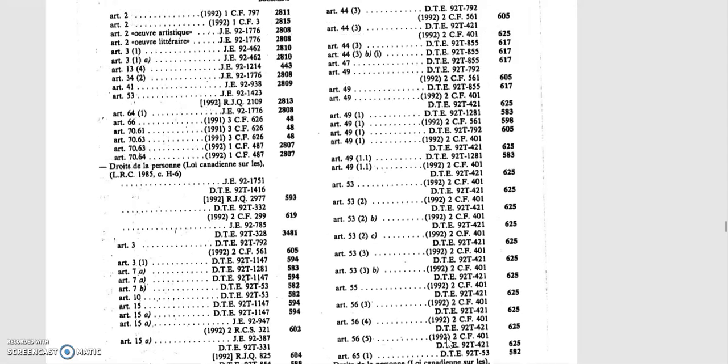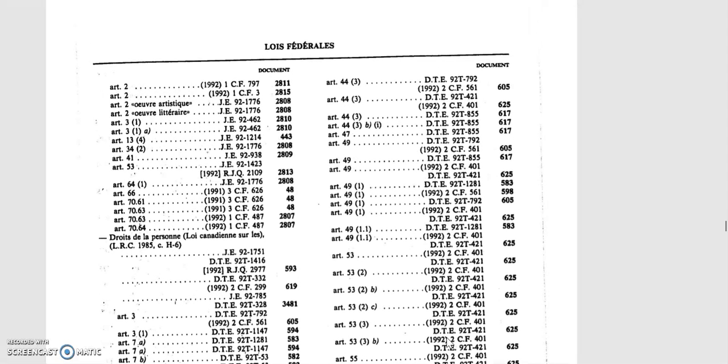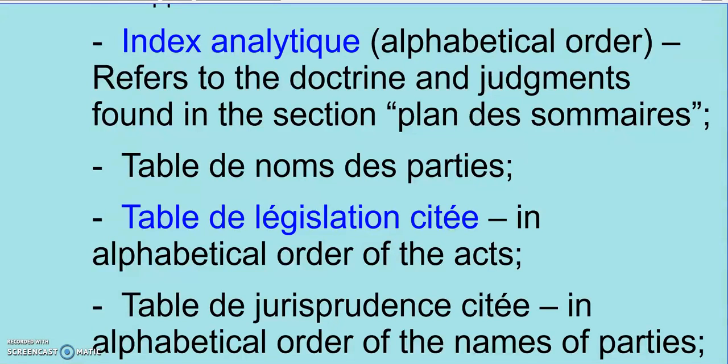And then when you're done, you're going to come across at the top, loi fédérale, then you have loi québécoise. So if it's a Quebec provincial law, obviously, you can look under loi québécoise. And all the laws are also in alphabetical order. Okay? But we'll come back to table de législation citée a little bit later.